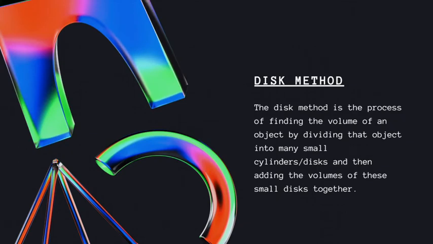The disk method is the process of finding the volume of an object by dividing that object into small cylindrical disks and then adding the volumes of these small disks together.